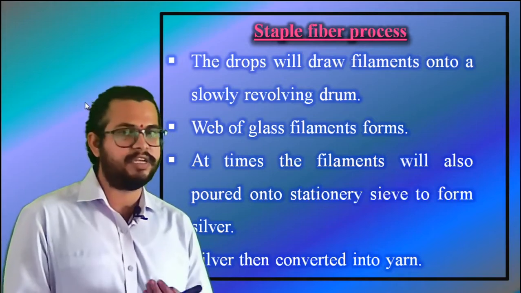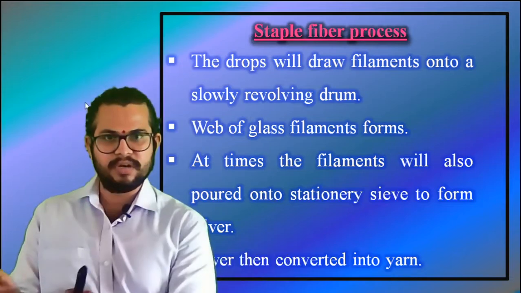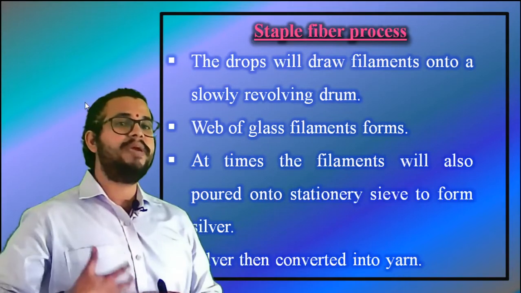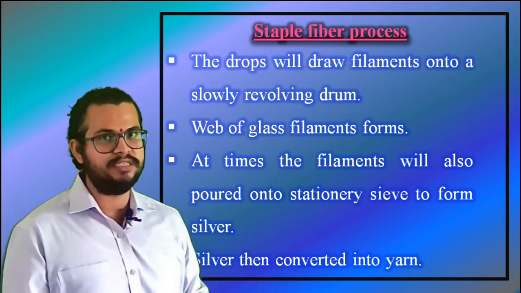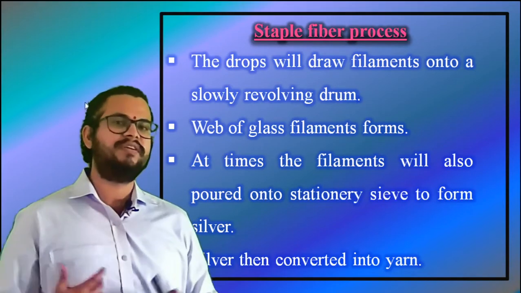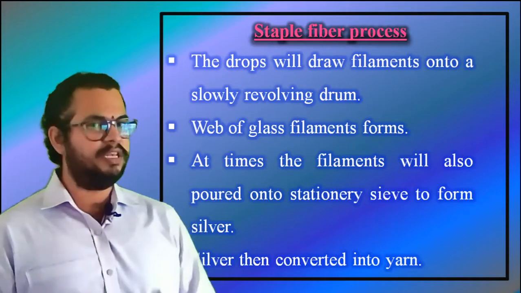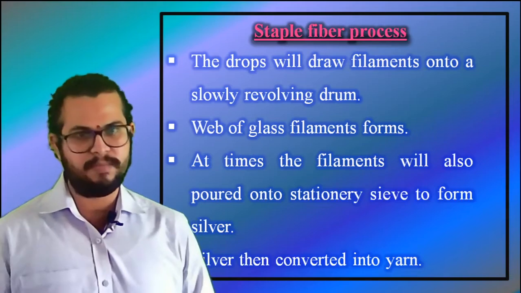Then a web of sliver is formed if the cylinder moves sideways from here to there and there to here. And sometimes the staple may be thrown off from the cylinder onto a stationary sieve, which will directly form a sliver. So in either condition, the sliver is then converted into a spun yarn.